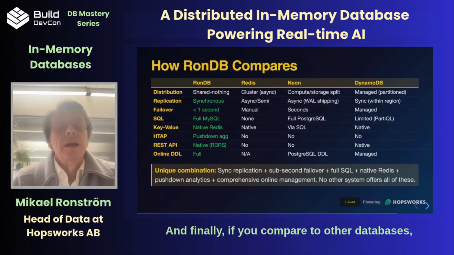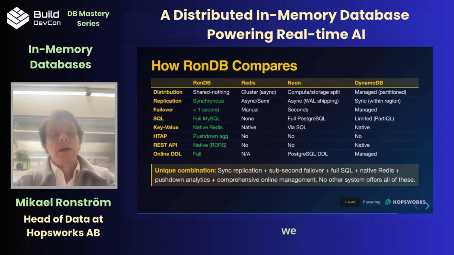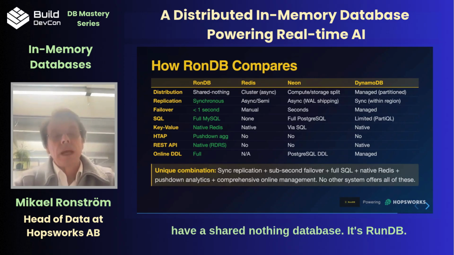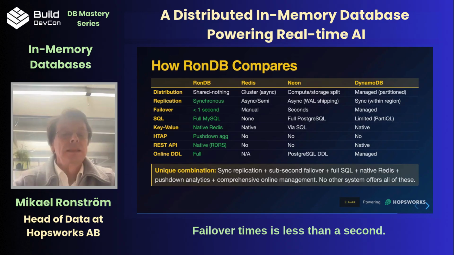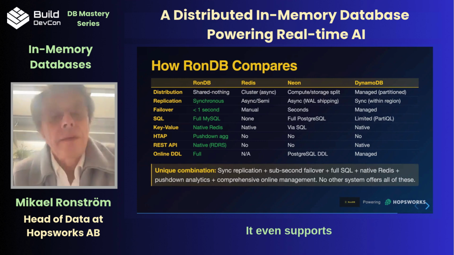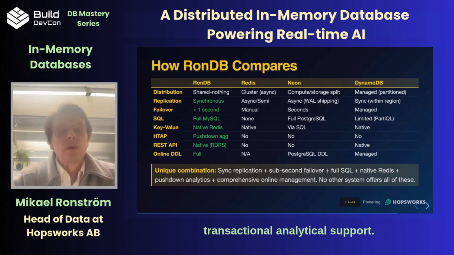And finally, if you compare to other databases, RonDB is a shared nothing database with synchronous replication. Failover time is less than a second. It supports full SQL. It even supports parts of Redis, although that's still experimental. It supports hybrid transactional analytical workloads.